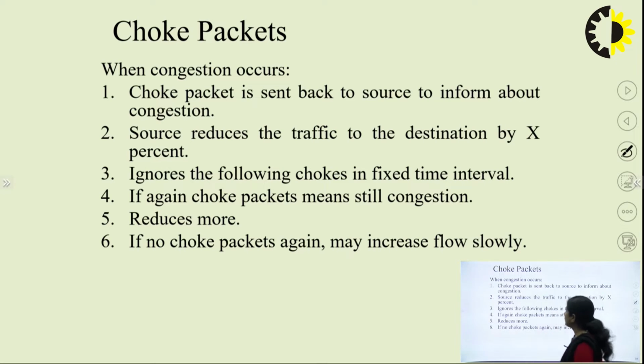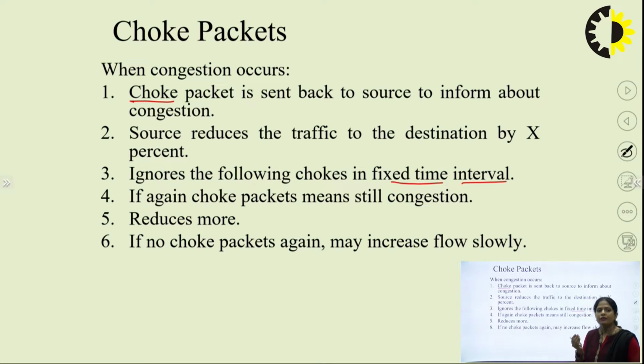So, when the congestion occurs, a choke packet is sent back to the source to inform about the congestion, number one. Then the source reduces the traffic to the destination by X percent, and ignores the following chokes in the fixed time interval.